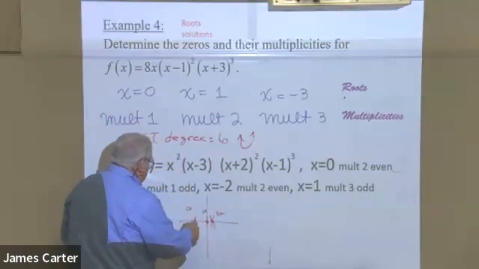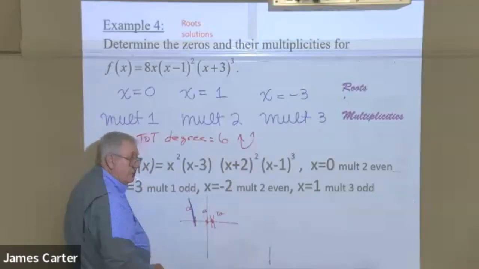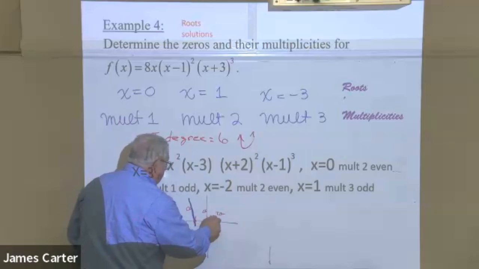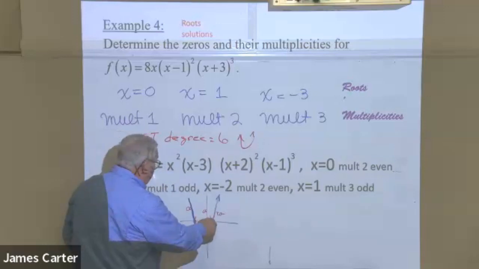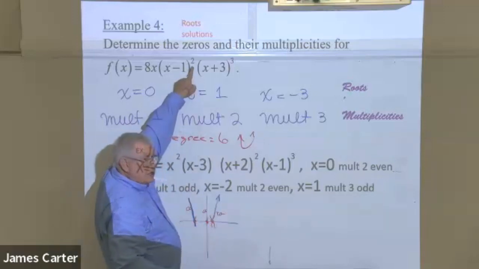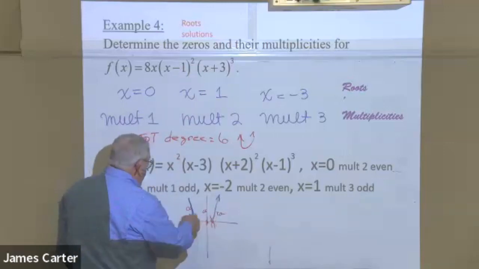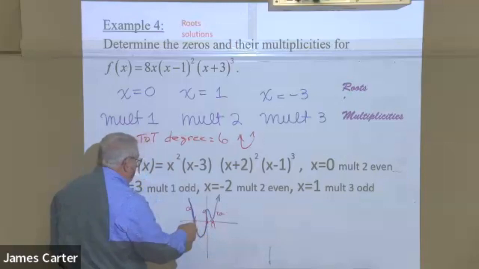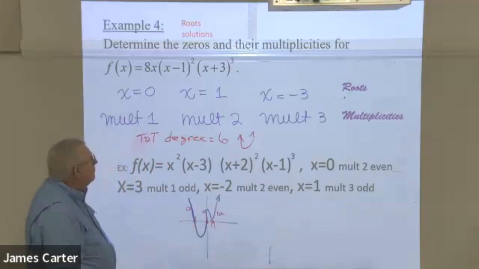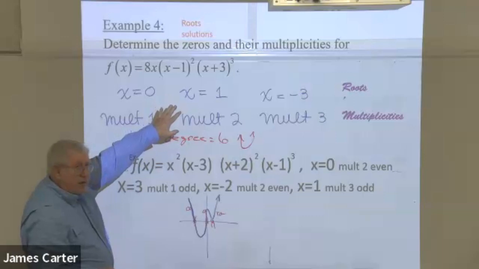On the graph, since this is on one end, that means this one's got to go up and cross the line. This one has to end up, but it's not going to cross the line because it has a touch and go multiplicity of even. So what do we do between here and here? Well, that means this one's going to come up here and down like this and back like that. Okay. So that's what that would mean. And this would be a reasonable graph for that problem.